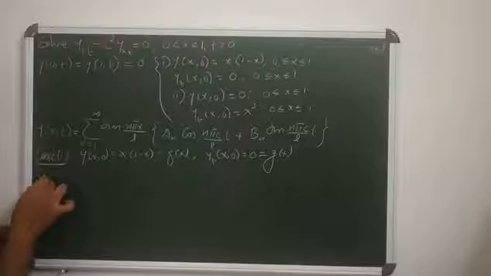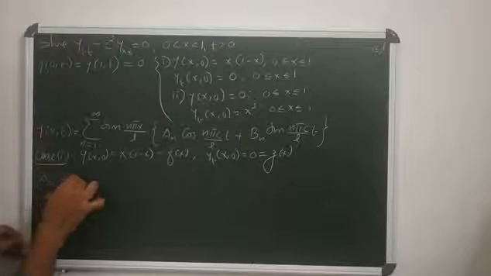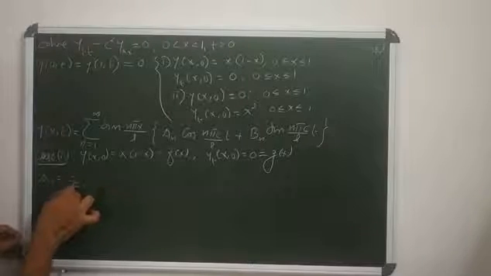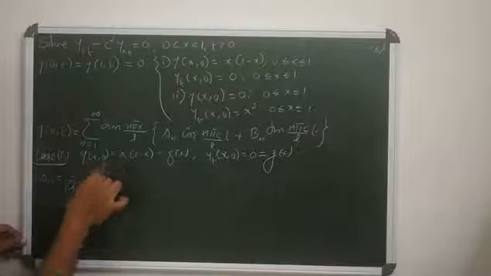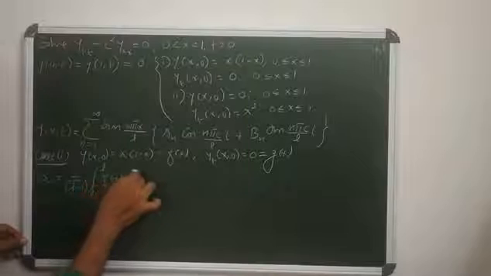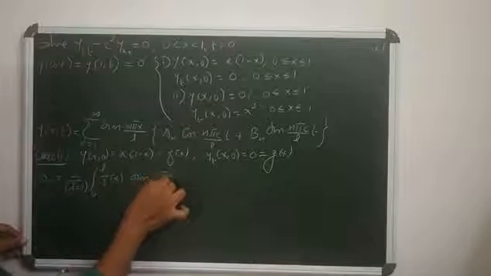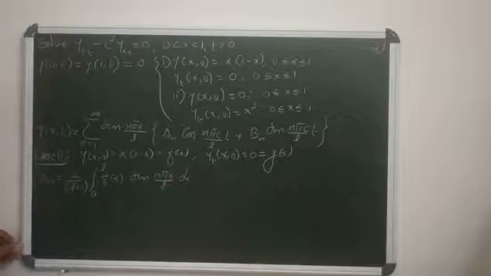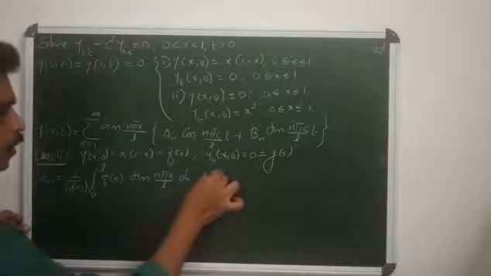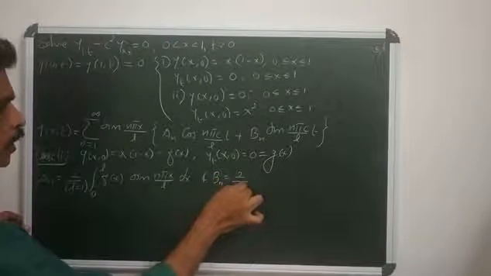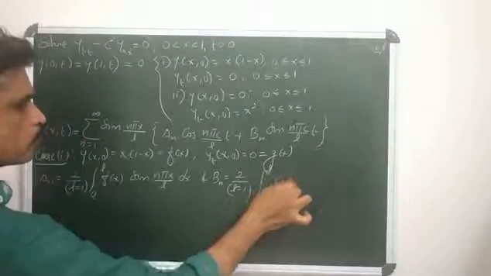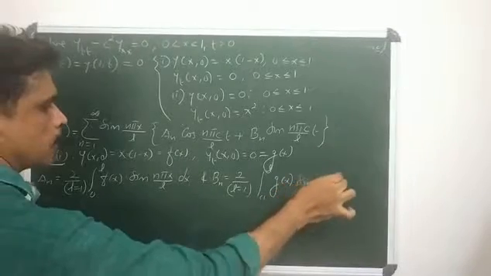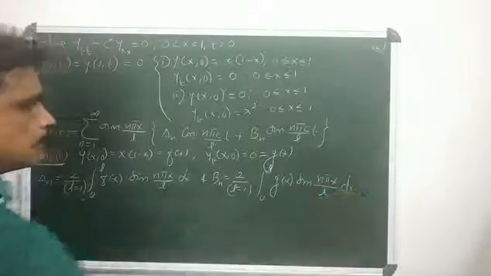We know that an equals 2 by L into the integral from 0 to L of f of x into sin(n pi x by L) dx. Here L equals 1. And what is bn? bn equals 2 by L into the integral from 0 to L of g of x into sin(n pi x by L) dx, again with L equals 1.